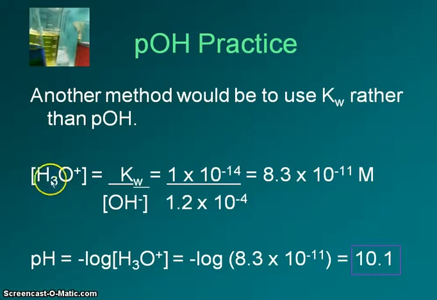So if we're solving for hydronium in order to find pH, and we were given our hydroxide, we can take kW divided by our hydroxide, and that will give us our H3O plus concentration, and then we could plug it into our pH equation, which is the negative log of the hydronium, and that would give us the same value. So you can either use kW or you could use pOH, and then you would still end up with the same result.